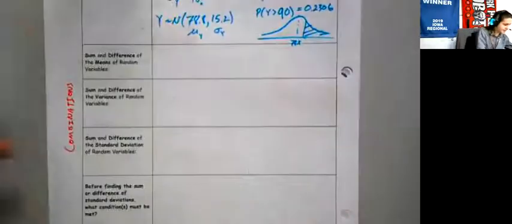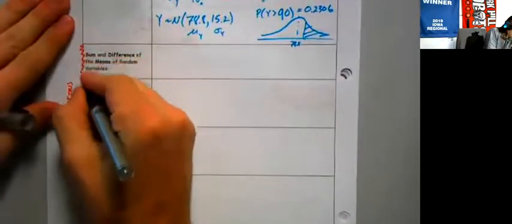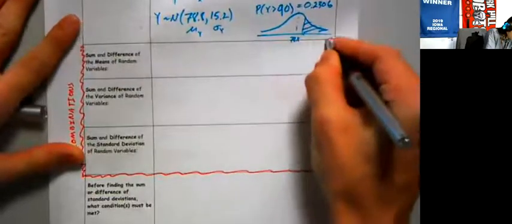Out to the side of this, turn it sideways and write combinations. We're no longer transforming things. We're putting things together. So let's make little squiggles here. These are another thing that's not going to be on your formula sheet. And so these are formulas that you are just going to have to know.